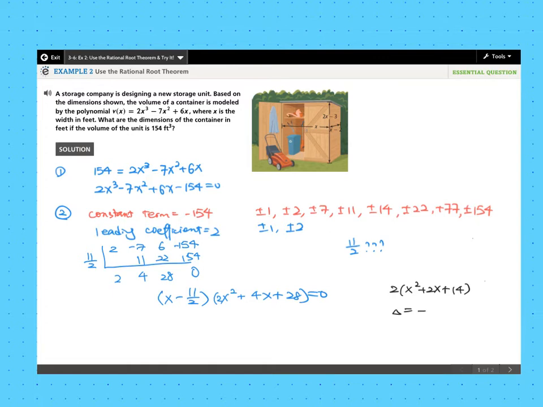That would give you negative 208. Therefore, there's no real zeros for this factor. For this quadratic equation, there's no real zeros, which means 11 over 2 is the only real solution.